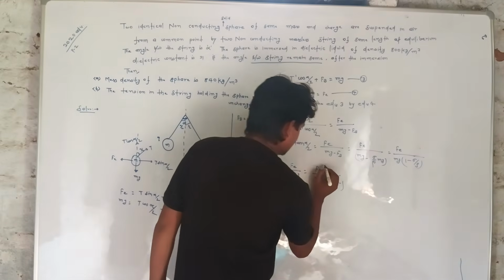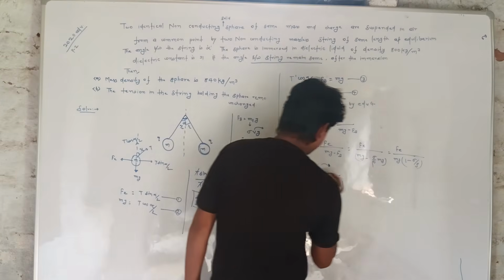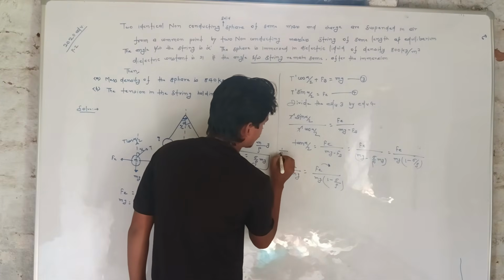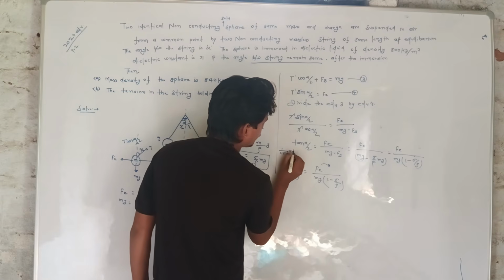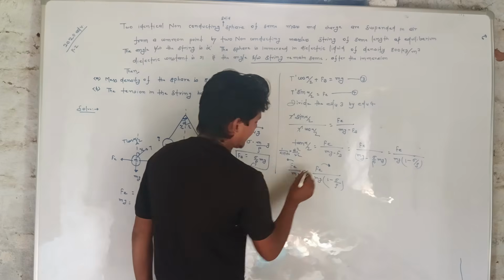And this Fe is actually k, that is 1 upon 4 pi epsilon naught into q square upon r square.